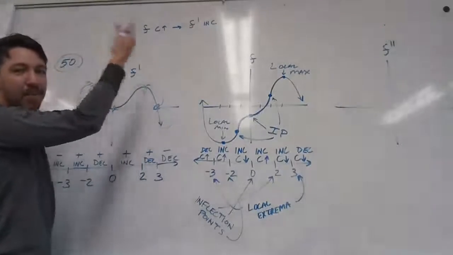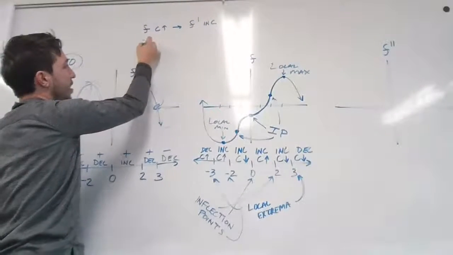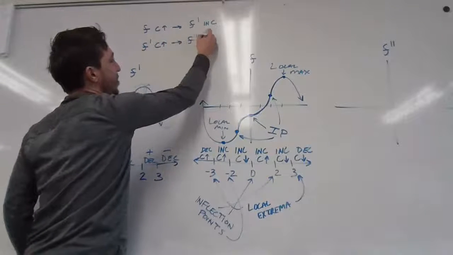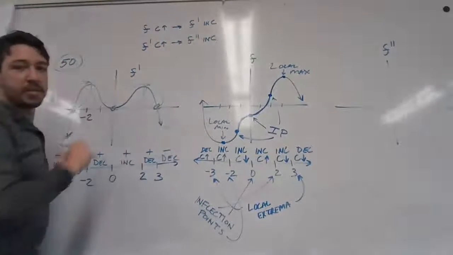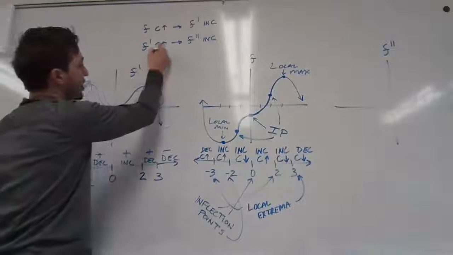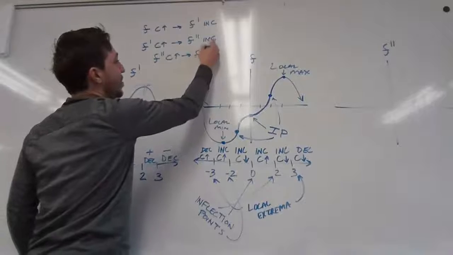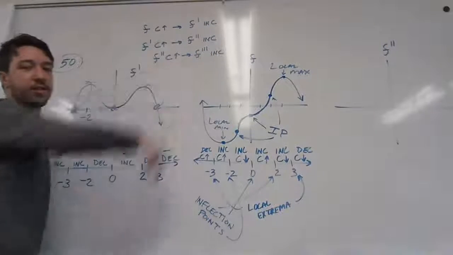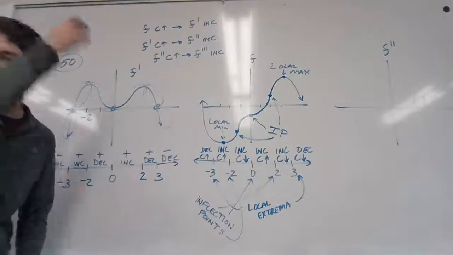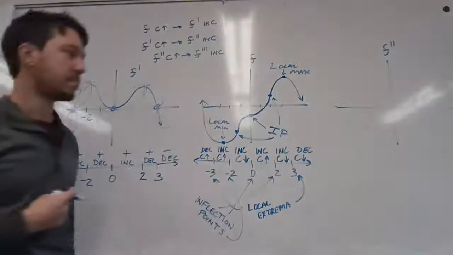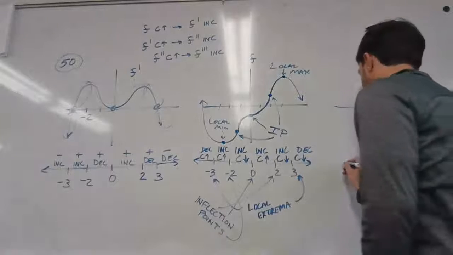Couldn't I step that up a level and say, if f prime is concave up, then its derivative would be increasing? That's equally true. Or if f double prime is concave up, then f triple prime, and then turtles all the way down. You could do that as many times as you want. Okay, so let's construct this.